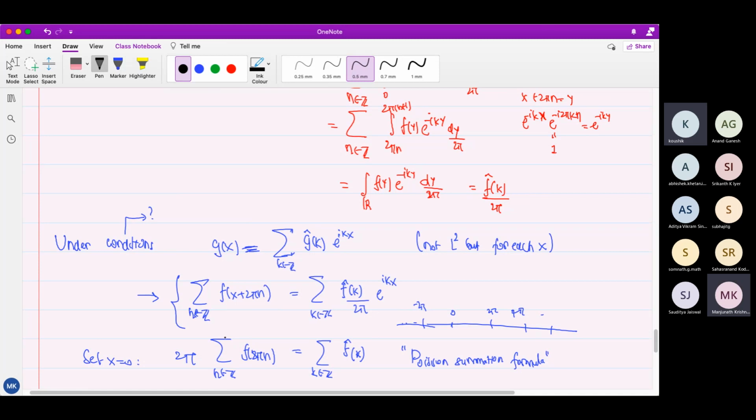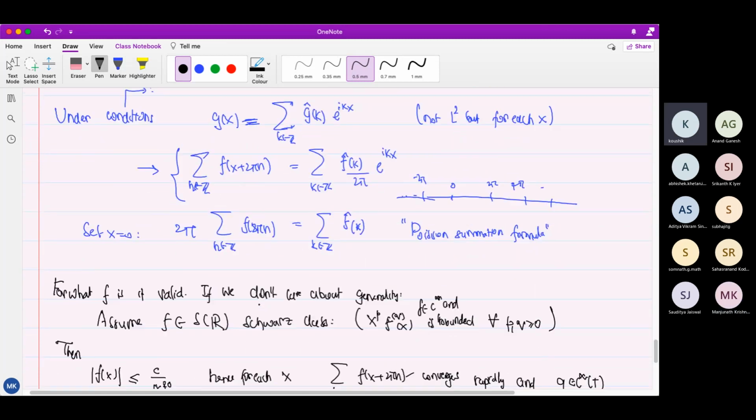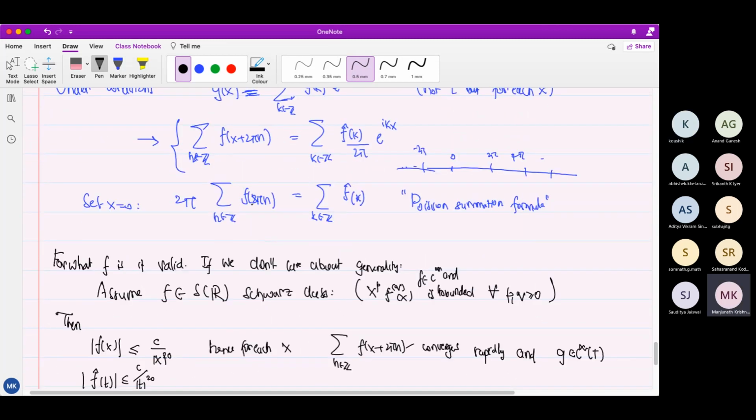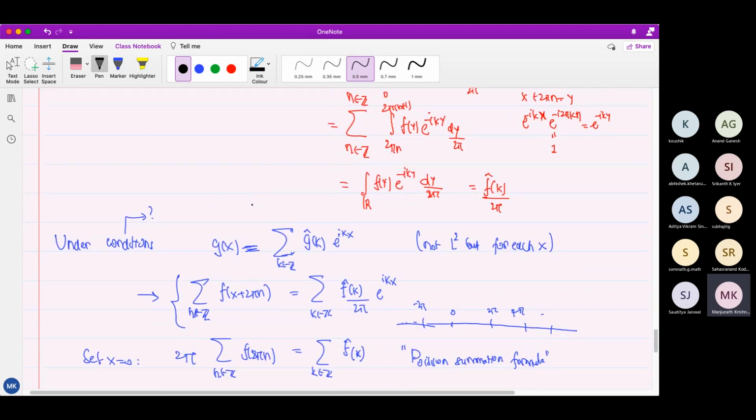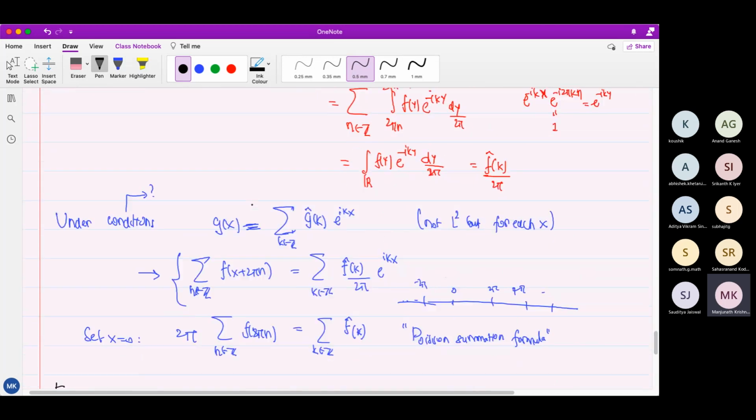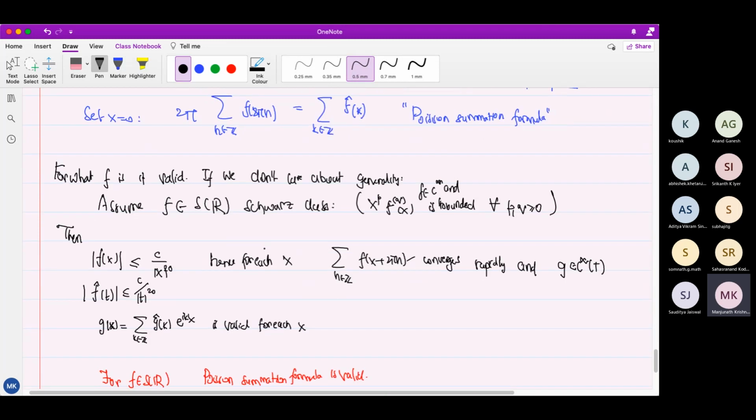Yeah, that's exactly what I surmise, but I'm not sure if that is the real point. Yeah, that's what I was saying, that for the particular x, whether this G of x is defined as this, it may not be converging, or it may not be equal to that anyway. So okay, I get it. Yeah, thanks. So we are specializing to a particular x, that's the thing. But I think it should be easy if you at least put some smoothness assumption and decay. But okay, I'll have to see that.